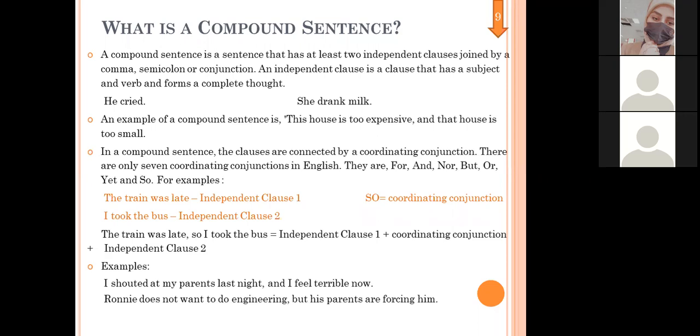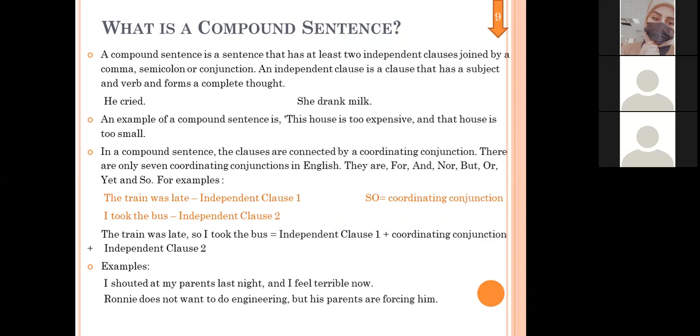The train was late, so I took the bus. Independent clause number 1 plus coordinating conjunction plus independent clause number 2.